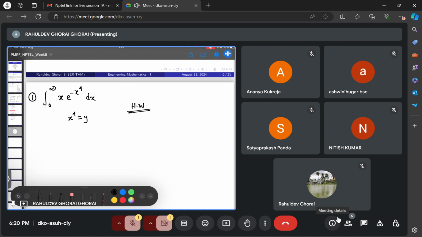So this is one question. The second question I am also giving. Let's say you have the integral 0 to 1 of log 1 over x to the power n minus 1 dx.